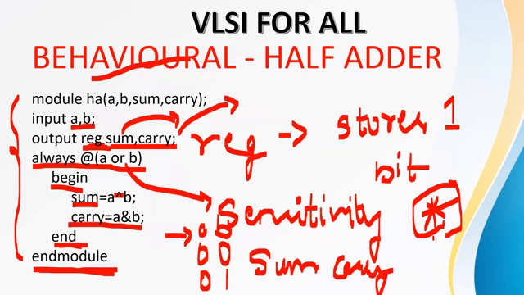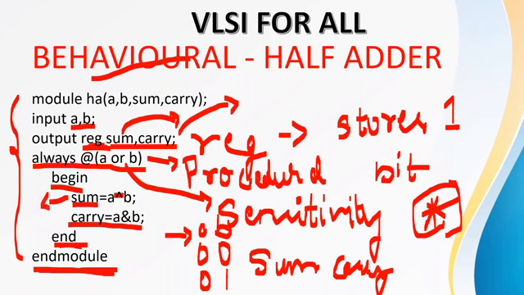Coming to this always block, this is a procedural assignment. Whenever we define a procedural block, always at A or B or always at star, the left-hand side, the LHS part, should always be assigned as reg.